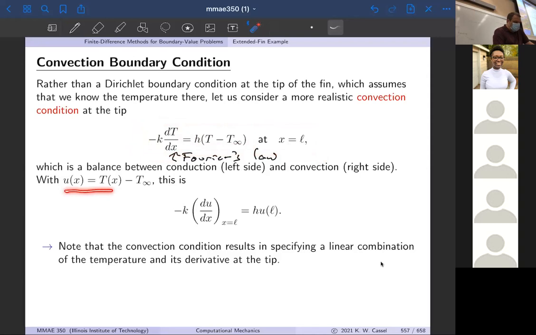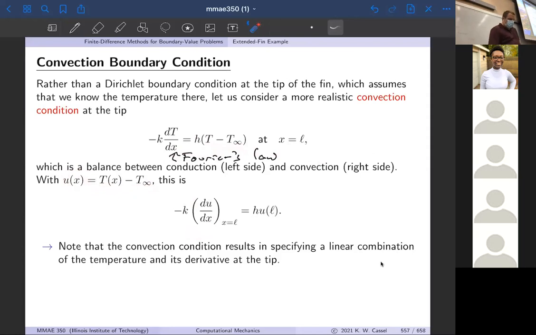We apply our change of variables again. So subtract T infinity off of T to get u of x. So on the left, dT/dx just becomes du/dx. And then the T minus T infinity here, of course, just becomes u. So minus k times du/dx at the tip is equal to h times the u at the tip.